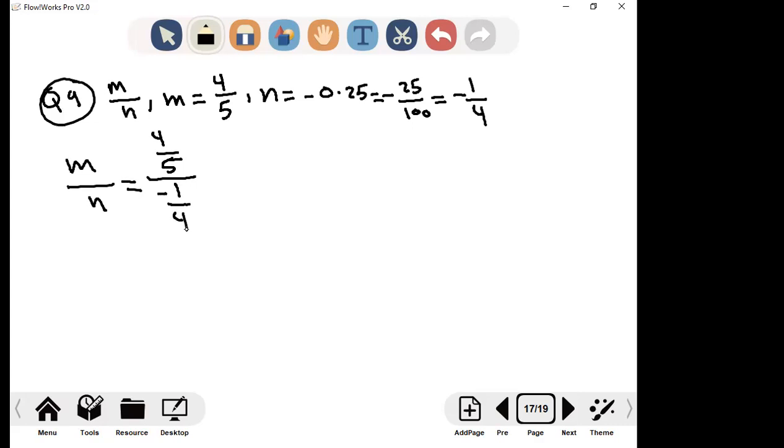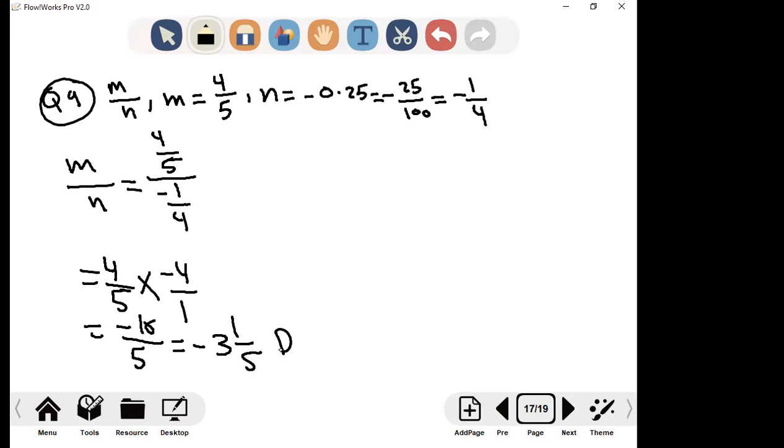The up stays the same. The division will become what? Reciprocal. Negative 4/1. This equals negative 16/5, which is negative 3 and 1/5, which is part D.